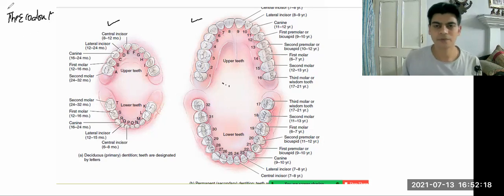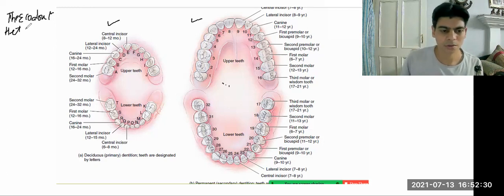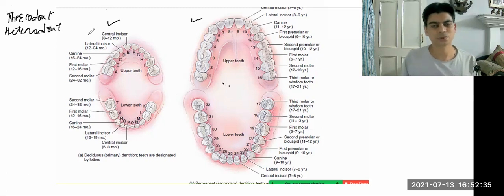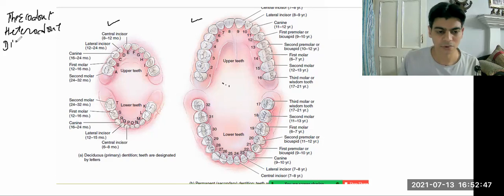When we say we have different types of teeth, different shapes and functions, we call it heterodont. That means different shapes of teeth and their functions. And we have two sets of teeth, or two dentitions, which we call diphyodont.